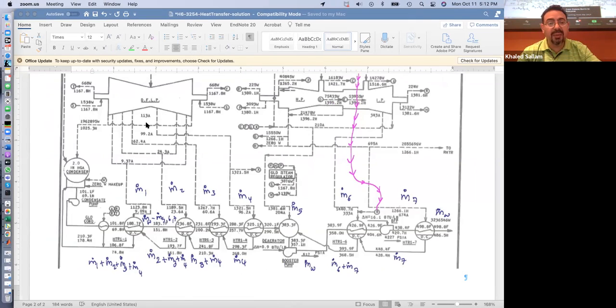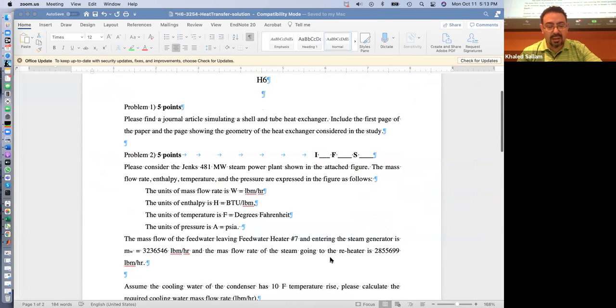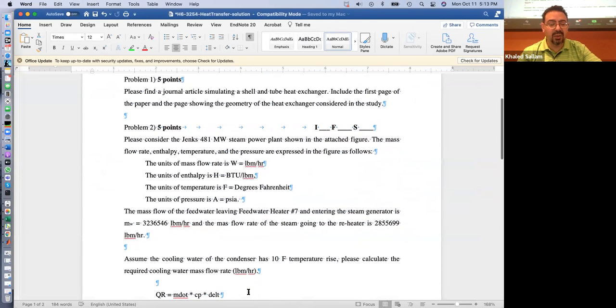Okay, so here in this homework problem, he said, I want to figure out how much m dot water this guy is requiring, right? Please calculate the required cooling water mass flow rate. So what I'm going to do, I'm going to say that Q in the condenser is m dot Cp delta T. The delta T, we know how much, 10 degrees Fahrenheit.